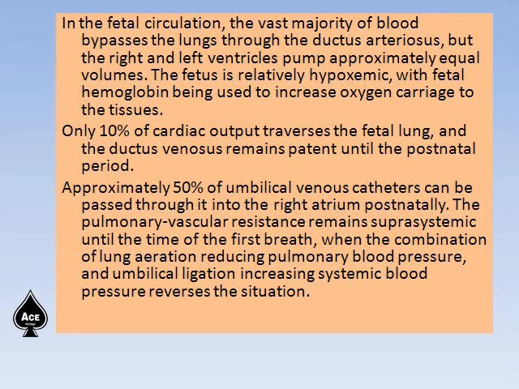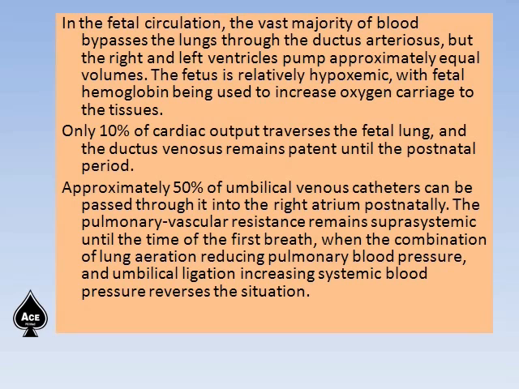Actually, closure of the ductus venosus, closure of the ductus arteriosus, closure of the foramen ovale, then cutting of the umbilical vessels, and decrease in the resistance of the pulmonary system, increase in the blood pressure in the systemic system. These are the main changes which occur in the natal life after delivery.